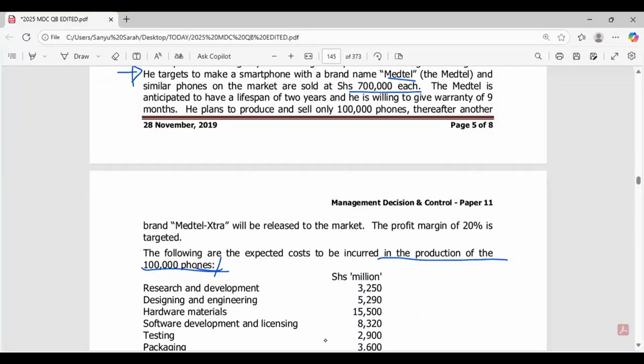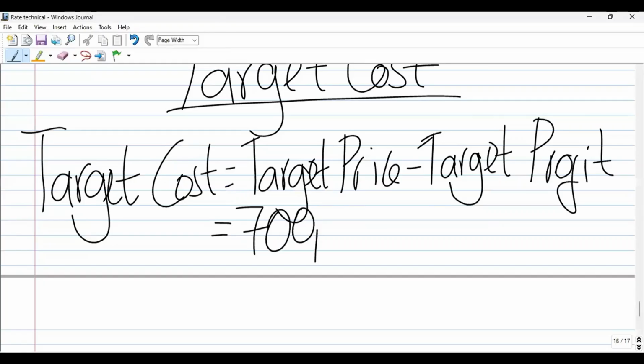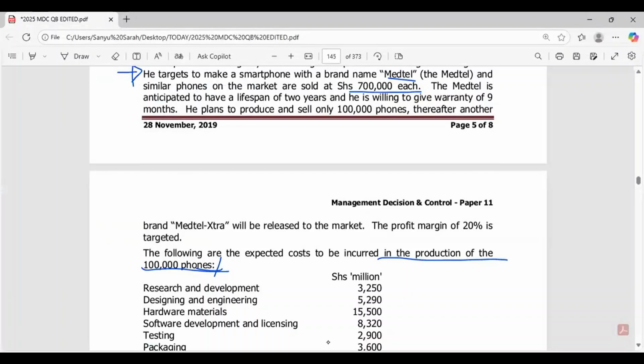So I come and I say 700,000 minus the target profit. The target profit: the examiner gives you either a markup or a margin. I told you that a markup is a desired percentage on cost, whereas a margin is a desired percentage on revenue or selling price. Our selling price is 700,000. They've given us a margin of 20%.